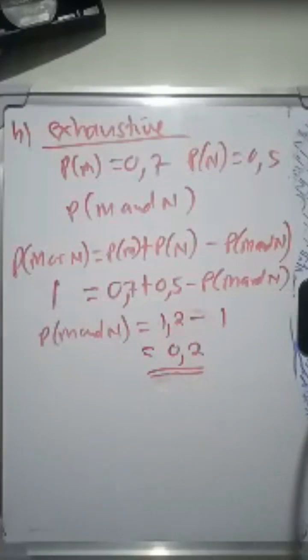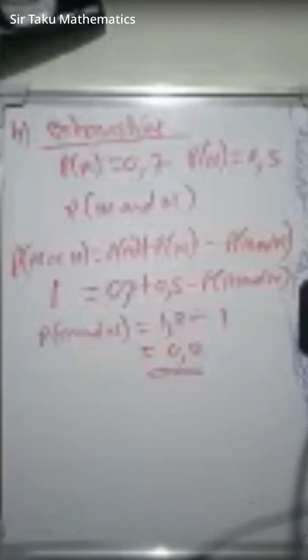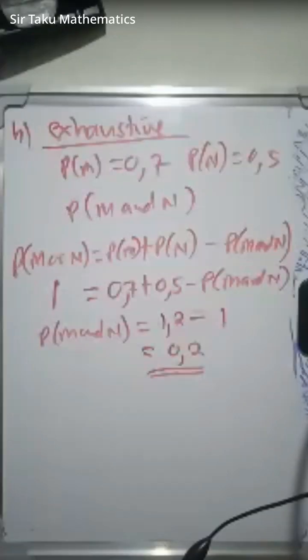That is the probability there. All right. So I think here I have touched exhaustive. The last one, X and Y are two exhaustive events such that and so on. Let's leave it. Let's go to the other one.